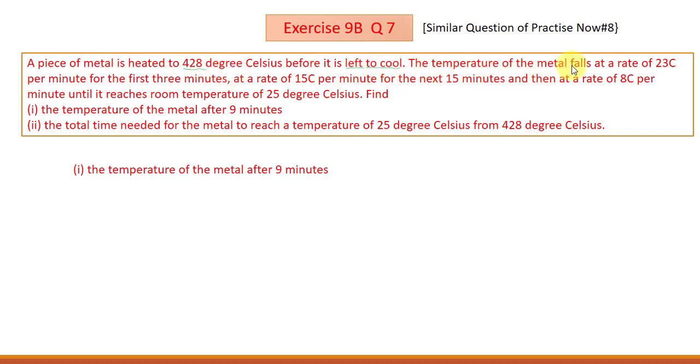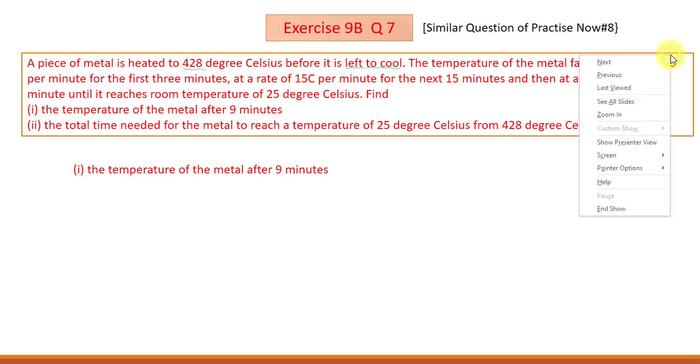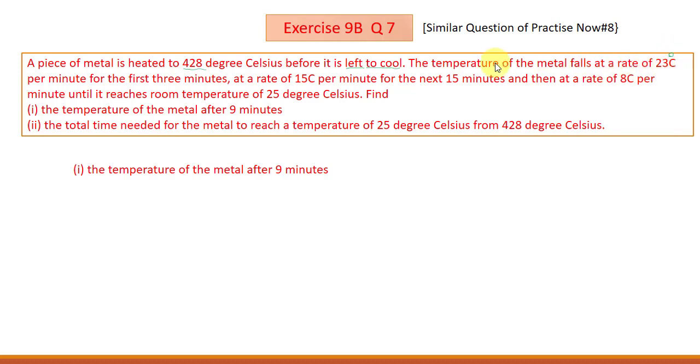The temperature of the metal falls at a rate of 23 degrees Celsius per minute for the first 3 minutes. So we will multiply it by 3, and that will be 23 times 3.